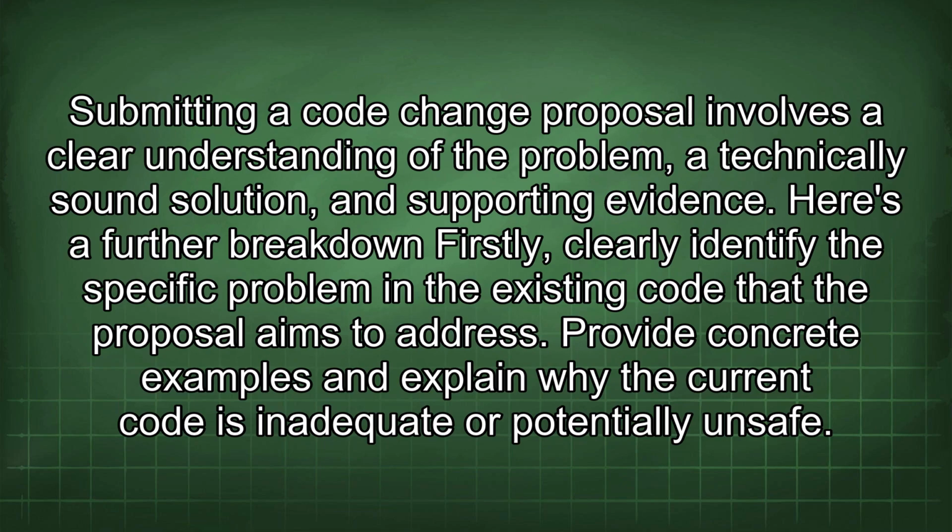Submitting a code change proposal involves a clear understanding of the problem, a technically sound solution, and supporting evidence. Here's a further breakdown. Firstly, clearly identify the specific problem in the existing code that the proposal aims to address. Provide concrete examples and explain why the current code is inadequate or potentially unsafe.